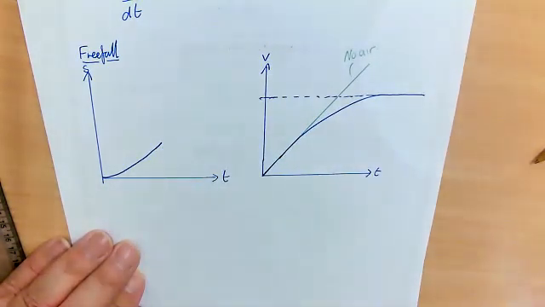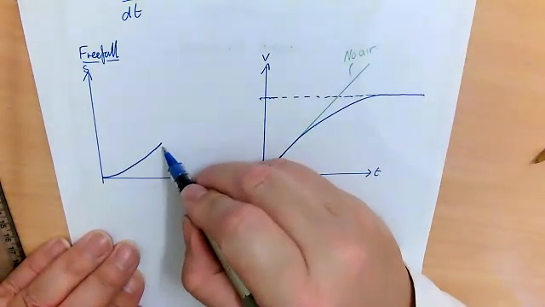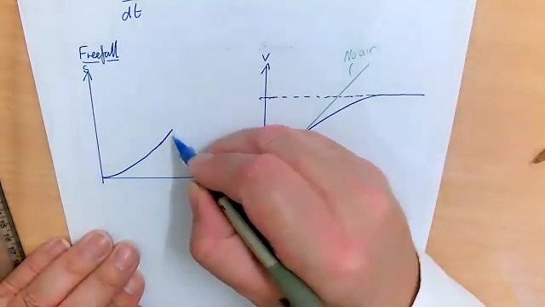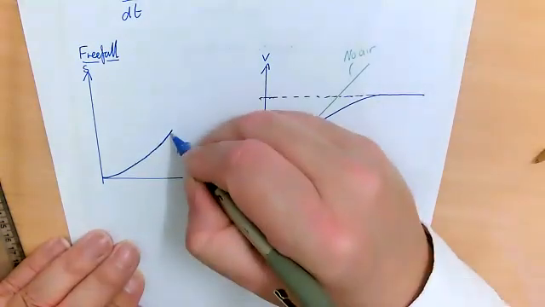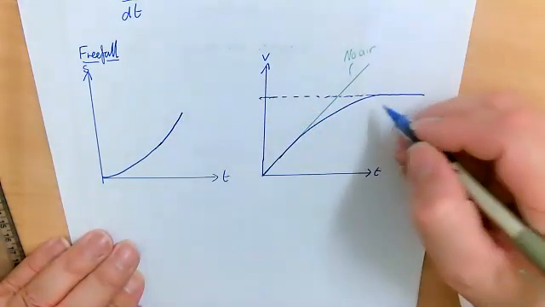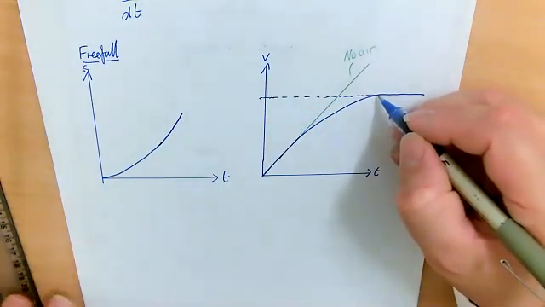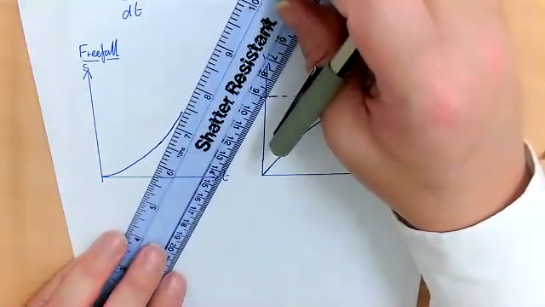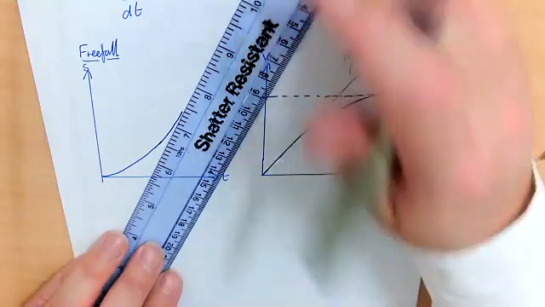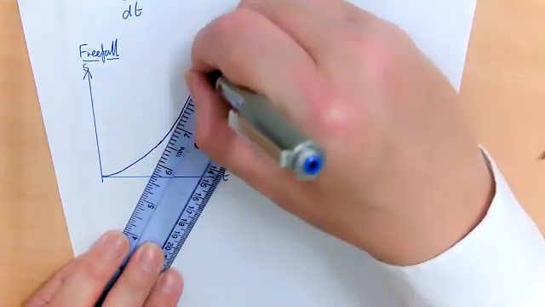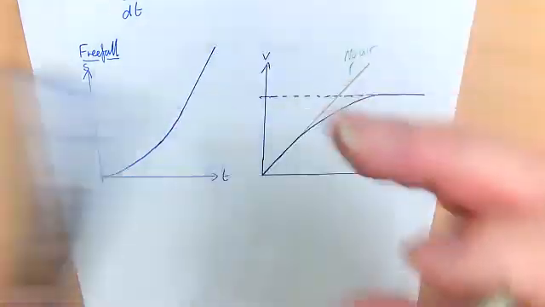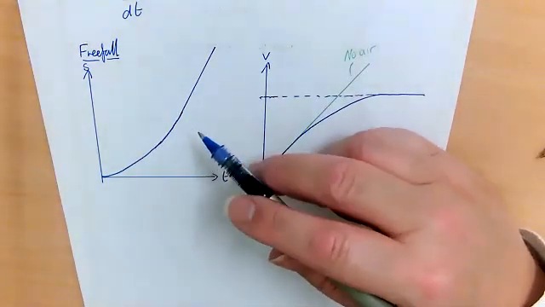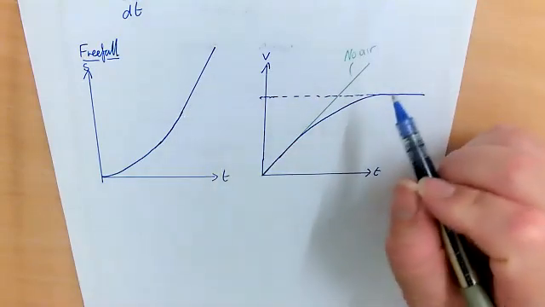Until eventually, that rate of acceleration is still accelerating here, so the gradient's still increasing. Until we get to here. And it's gradual. Look how gradual it is. No kinks, no corners. We end up with a constant gradient here. And that gradient tells you you've got constant velocity, which is here.